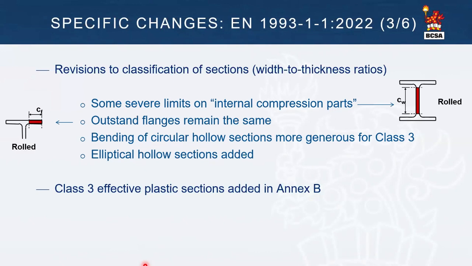This was already included in BS 5950, and obviously will lead to more economic designs. Essentially, in bending, they consider an effective section by a simple interpolation between the plastic and elastic section modulus using width to thickness ratio values for that particular section.